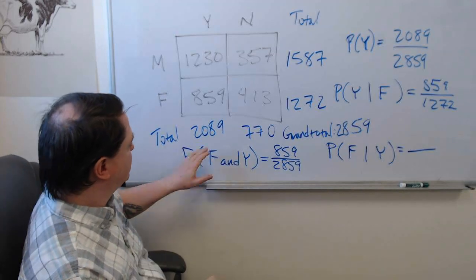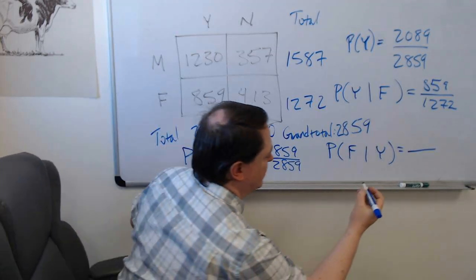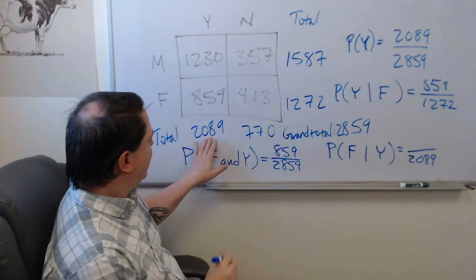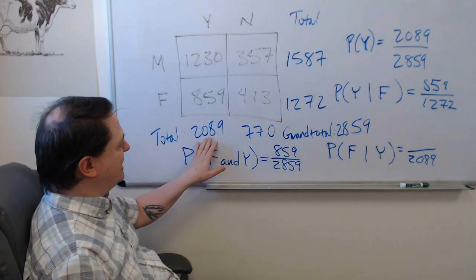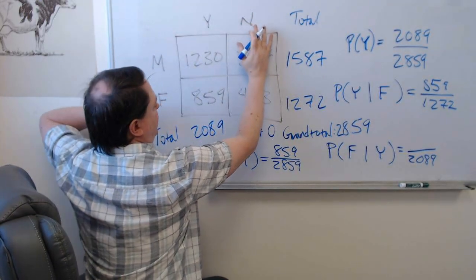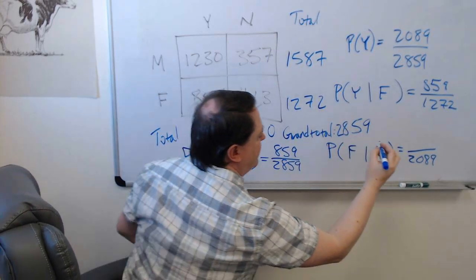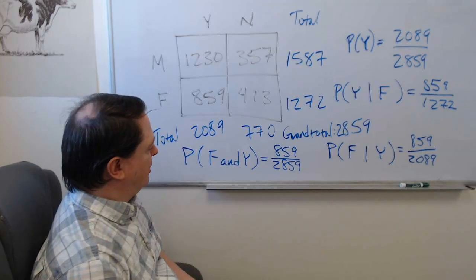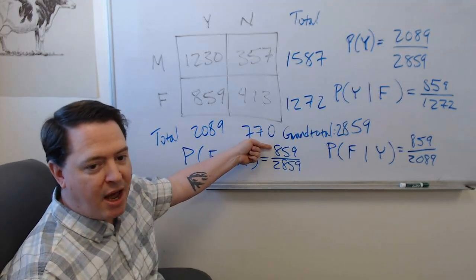I only want to look at those people. Where there's 2,089 of those. All right, and of those 2,089, right, of these people, how many were female? Well, that's this 859 again. So we see that we're kind of getting the same number in the top.